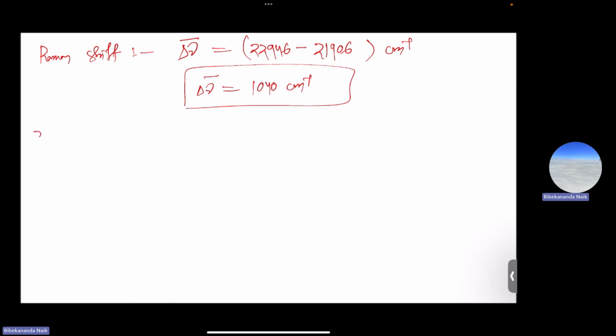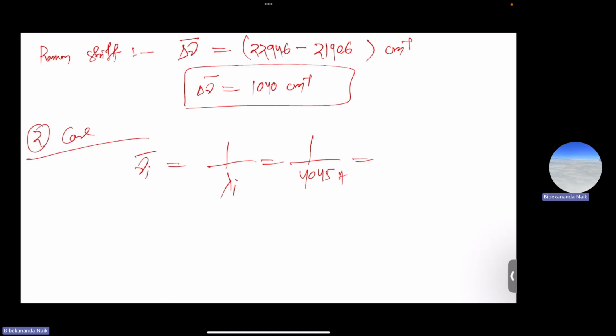Then in the second case, the incident light wave number will be 1 by lambda I, which will be 1 by 4,045 Armstrong. This is 10 to the power 8 divided by 4,045 centimeter inverse, which is 24,722 centimeter inverse.